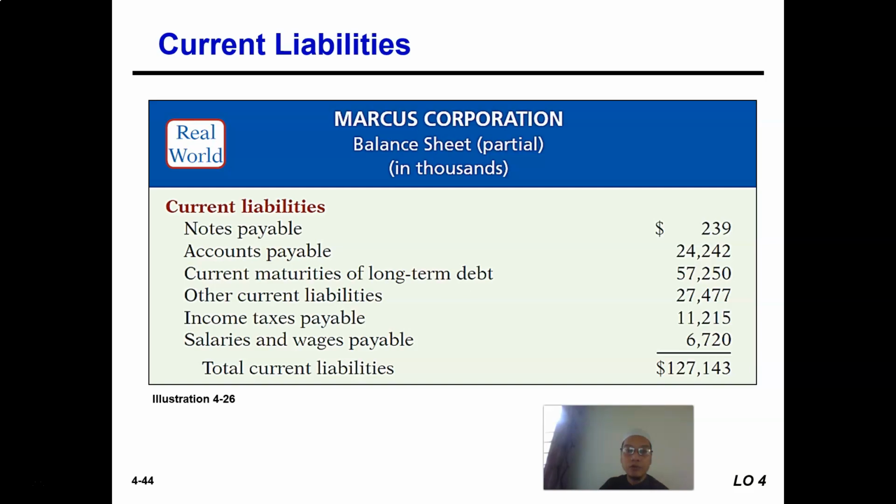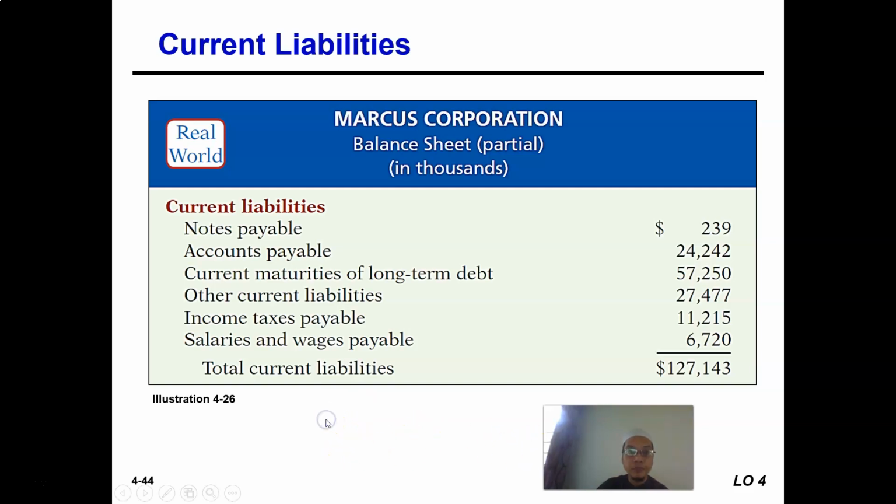But some of those debts are due to be paid within 1 year. Therefore, the part of the debt which needs to be paid within the next year should be inserted into the current liabilities, but the remaining ones that should be paid in the subsequent years will be under the long-term liability. And then there are other current liabilities, income taxes payable, salaries and wages payable, and so on.